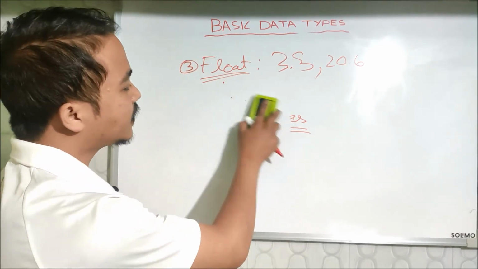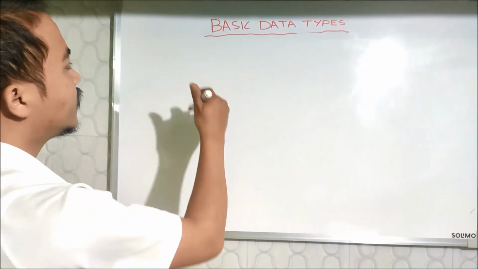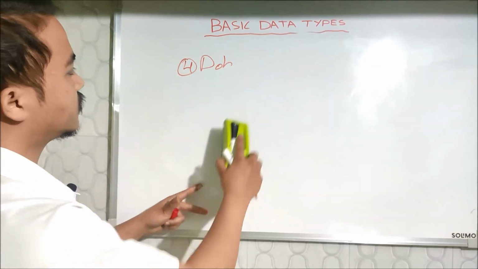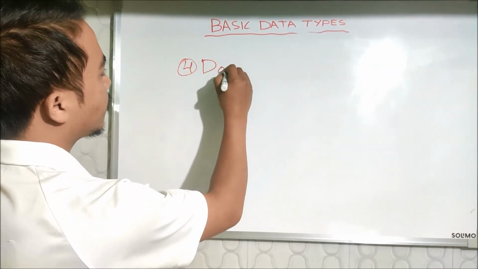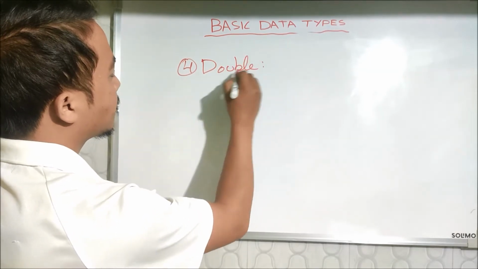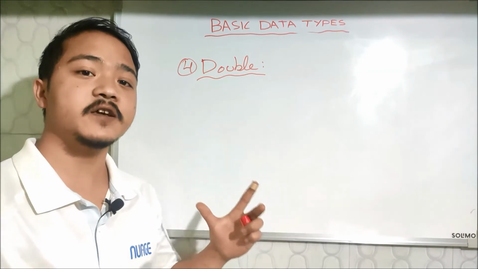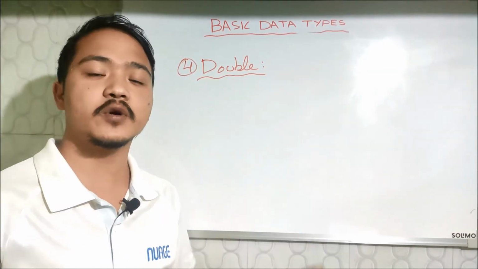And the last one, the basic data type, is double. This stores a very large number, and the range is near to infinity.